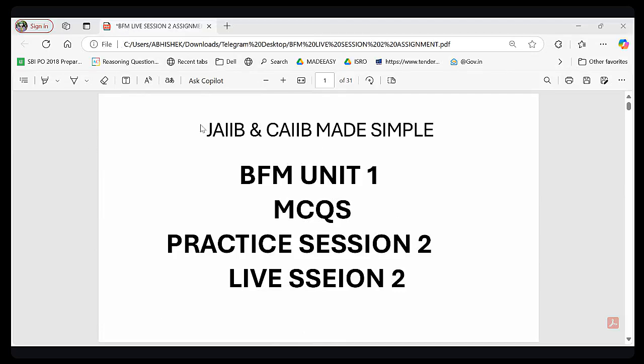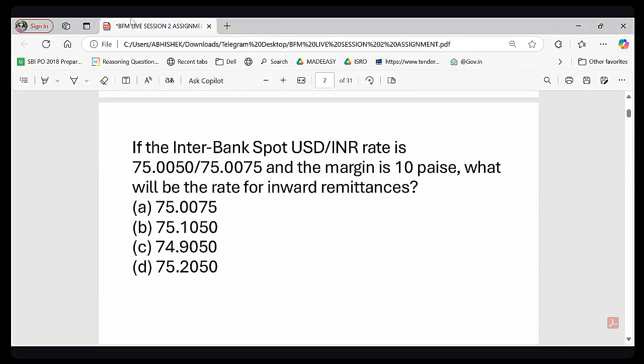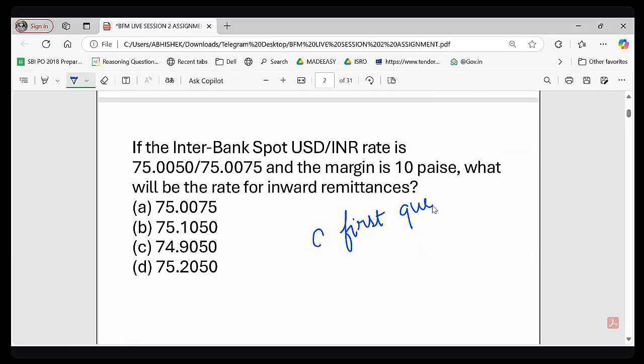I will explain the first question, and just text me. I am typing something on the screen. Whatever I am typing, if it is visible to you, please type yes in the chat box. Let's say I have written first question. Please type in the chat box whether whatever I am writing on the screen is visible to you, so that we can proceed with the session.